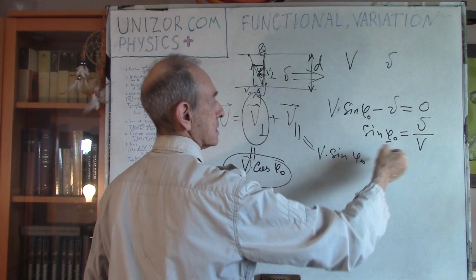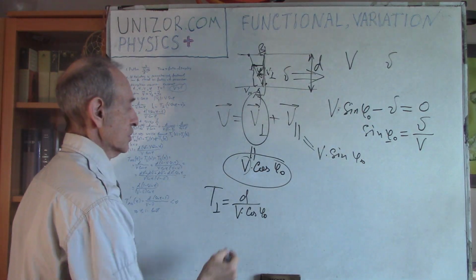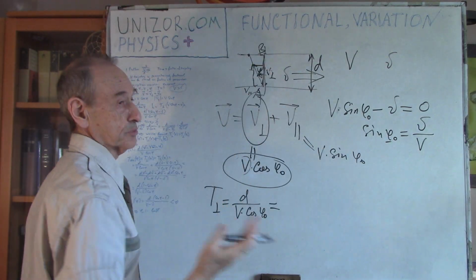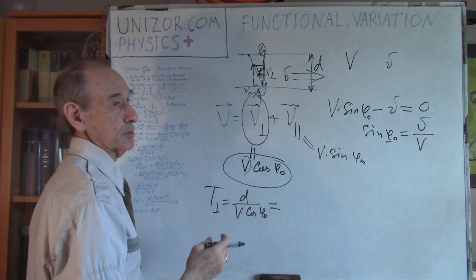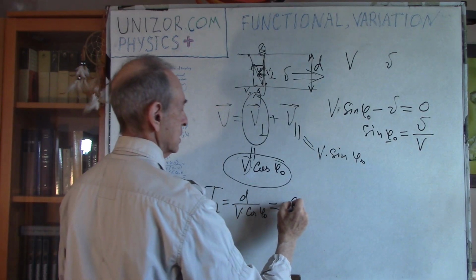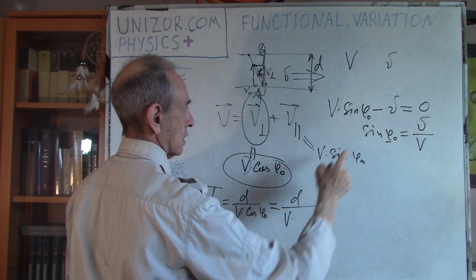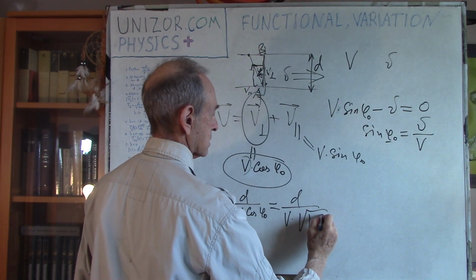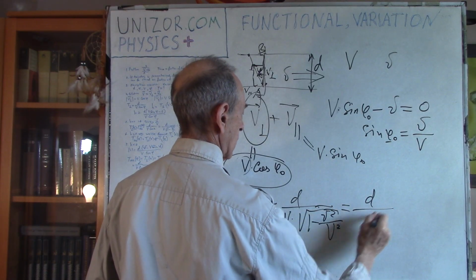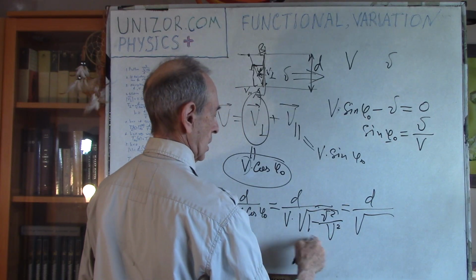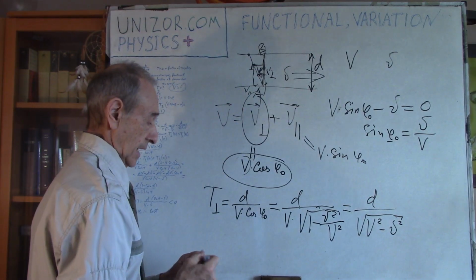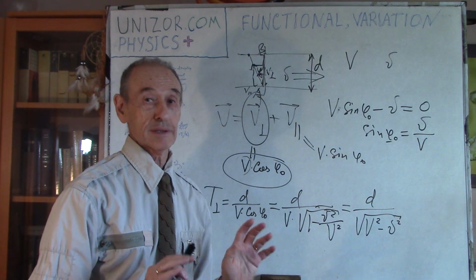Well, phi 0 is basically arc sine of v over V. In which case the time to cross the river would actually be the time to reach point B, because I will reach exactly point B. So it's d divided by V times cosine phi 0, which is d divided by V times square root of 1 minus v squared over V squared, or d divided by square root of capital V squared minus lowercase v squared. So that's my time. And intuitively, it seems to be the right thing to do.